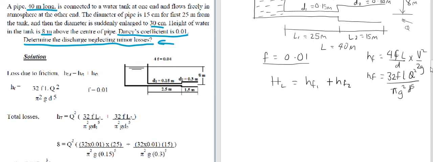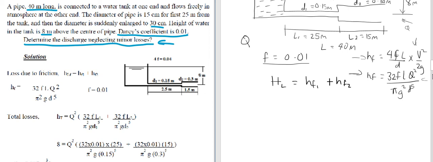These are formulas. You just have to know them, at least for the time being. If you don't know how to prove them, you just have to know them. If we had to find velocity, I would have used the other one, but since we have to find discharge Q, using the formula that contains discharge will be the best.